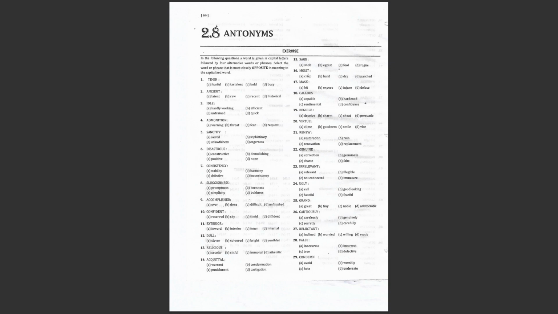Next, callous. Callous means someone who is insensitive, who is very hardened in their feelings, who doesn't have much of feelings, and they lack sensitivity basically. So the correct option here would be option C, sentimental. Please don't go by the options that are written at the back as the answer key.